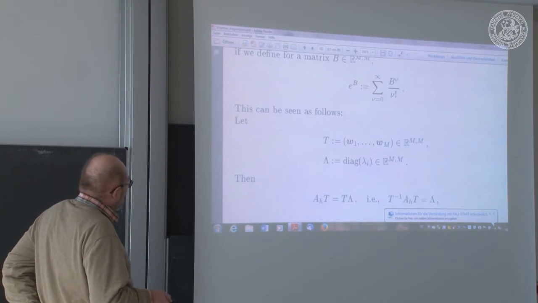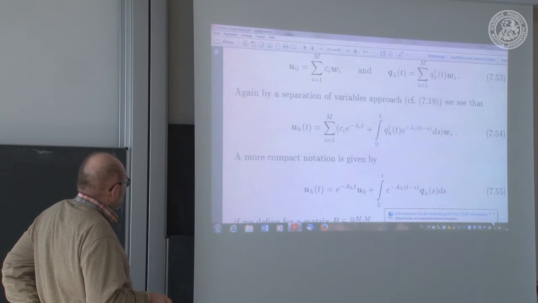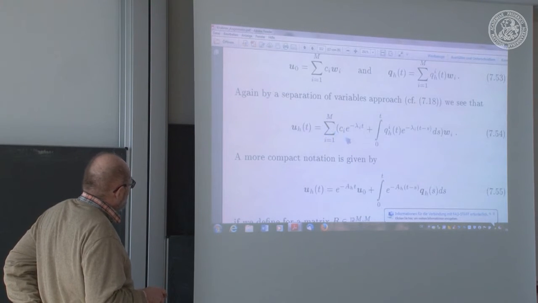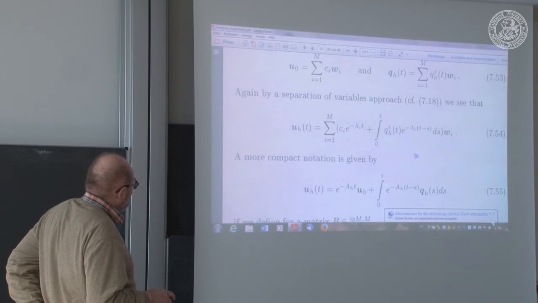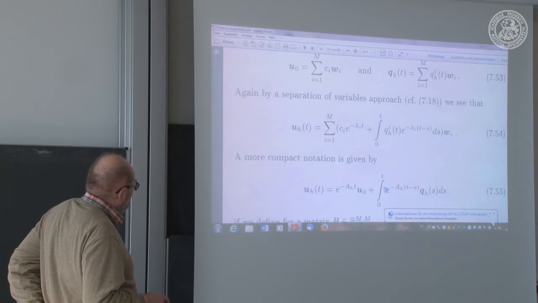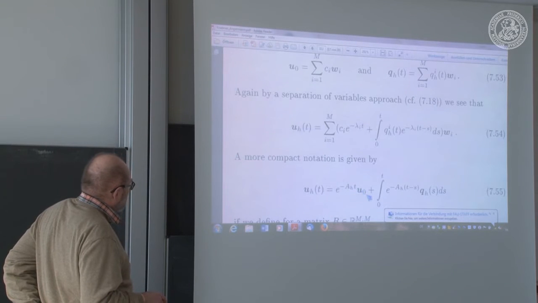Of course, now we have to see how this relates to the eigenvalues. Why is this term, maybe we only look at the first term, the sum of c_i e to the minus lambda_i t times w_i, nothing but what is written a little bit more compactly as e to the minus A_h t times u_0?